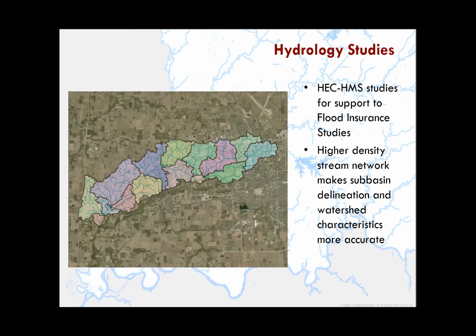And that higher density stream network, we get all the parameters that go into that type of modeling are easier to define and more accurately defined, using the higher resolution data that we have. So that's been a great boon for us in terms of trying to model streams and trying to determine hydrology and such. So next slide.